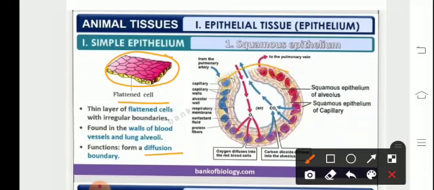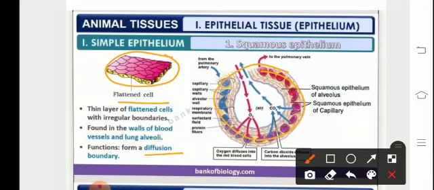The alveoli are sac-like structures richly supplied with blood vessels present in the lungs, and they facilitate the process of gaseous exchange. They are also found in the bronchioles, and they form the inner lining of blood vessels and lymph vessels.